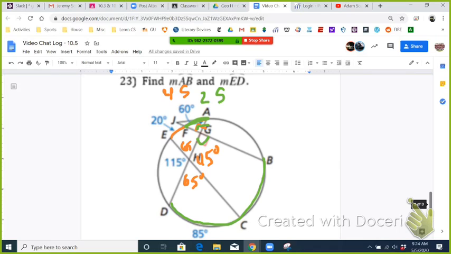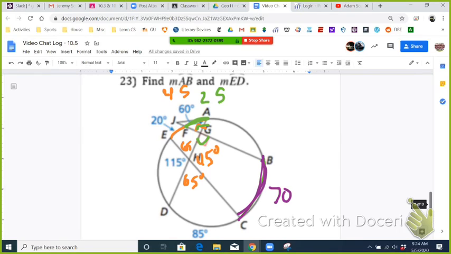So that means that this whole arc BC would have to be 155. Okay, so if you subtract 85 from 155, then you could figure out that this arc right here is 70.